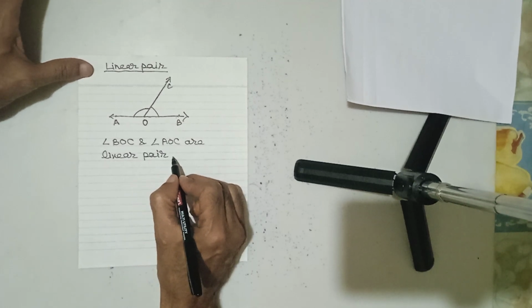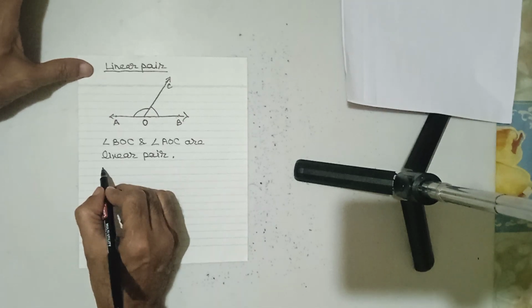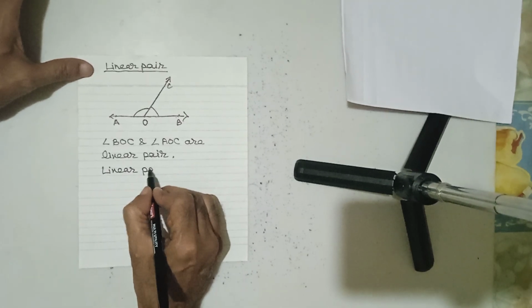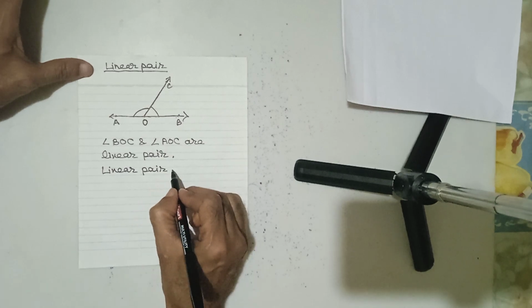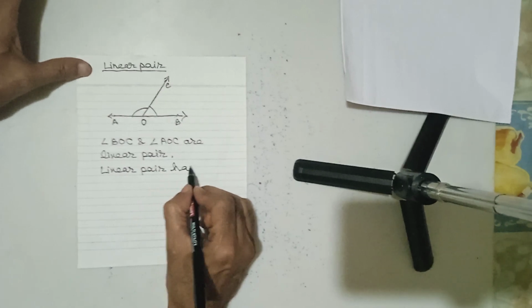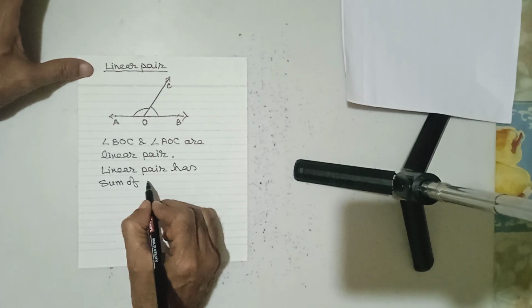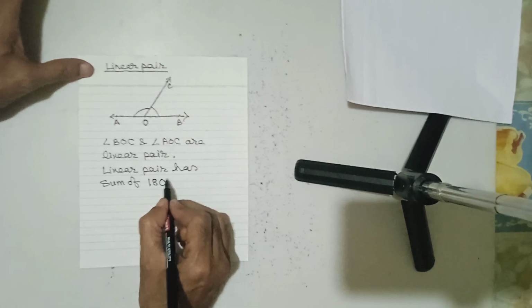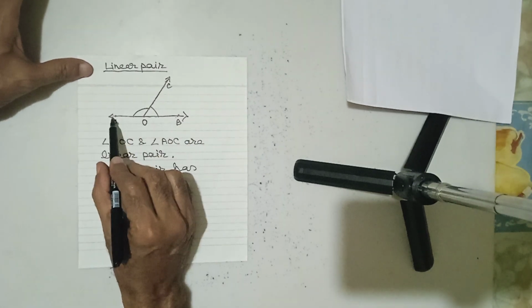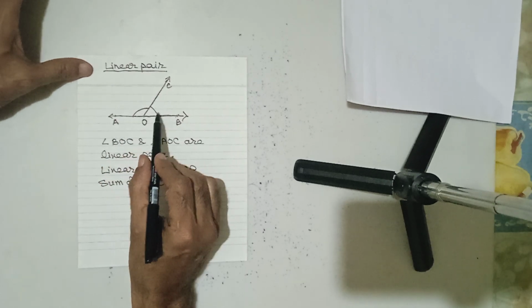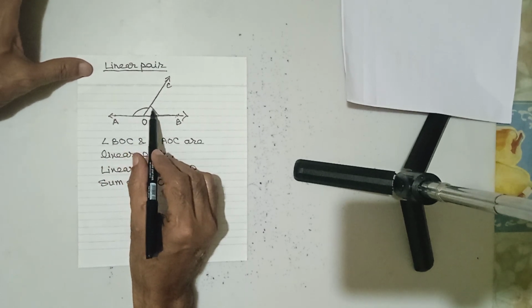And a linear pair has a sum of 180 degrees. I had already told that when an angle is formed on a straight line, that angle is equal to 180 degrees.